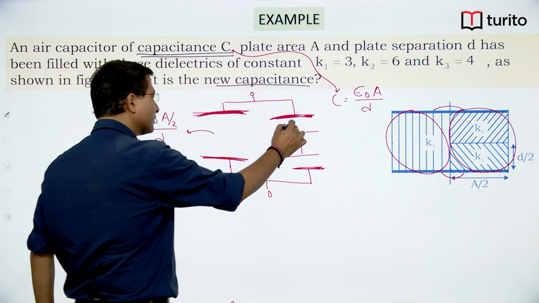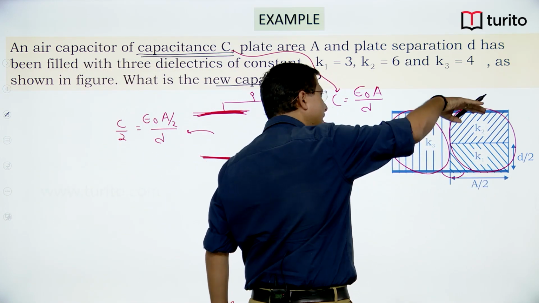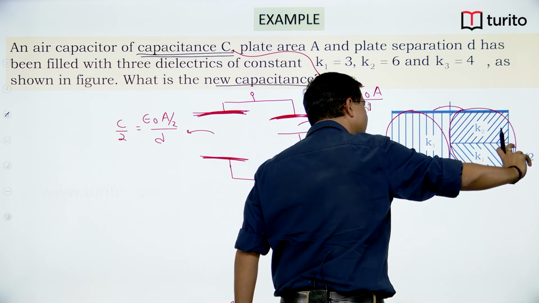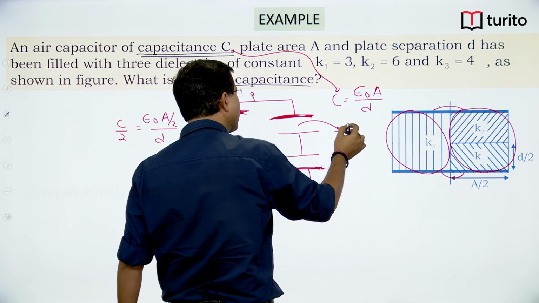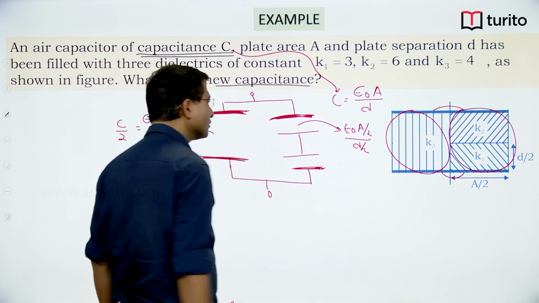Now look at this one, this part I am talking about without dielectric. Area is half and separation is also half, A by 2 and D by 2. So for this part the capacitance is epsilon naught A by 2 divided by D by 2.